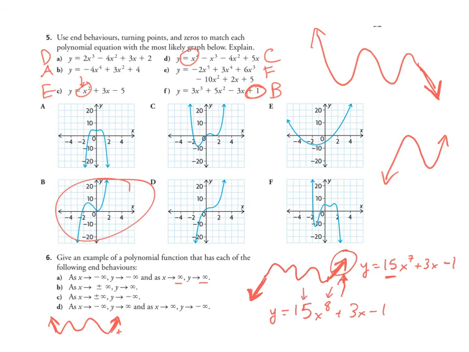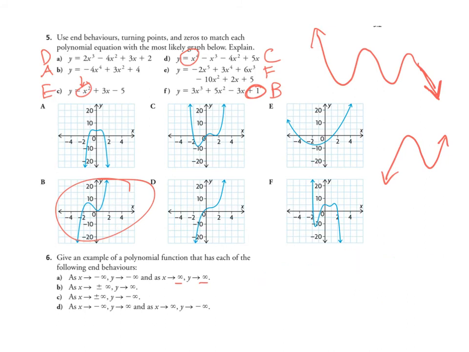All right, part C. Let's get this stuff out of the way. Part C says, as x approaches plus and minus infinity, so both sides, y is negative infinity. So negative on this side, negative on this side. So since they're both the same, we know it's going to be even degree, but it's ending low, so it's going to be a negative coefficient.